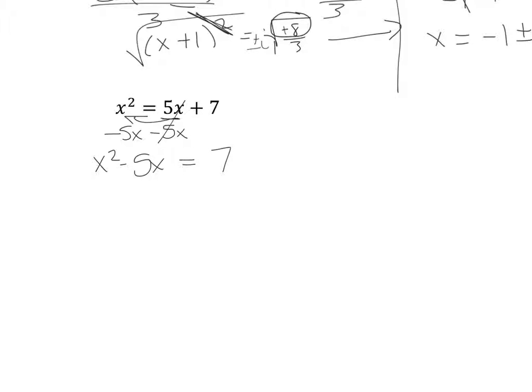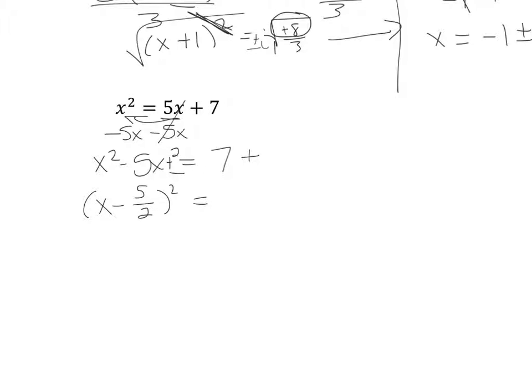The number in front here is 1, so I'm good to continue. I simply take this guy, and I know I have to add something there. I'm going to add something here, and I like to add it there. Okay, so I'm dividing this by 2.